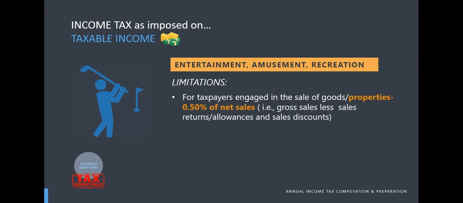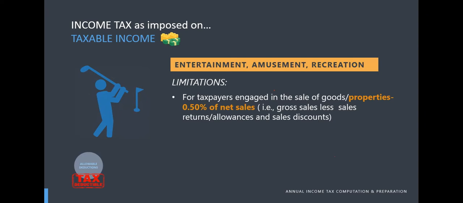So the gross sales is equivalent to 1 million. Let's say it's already net. The net sales is equivalent to 1 million. So 1 million times 0.5% is equivalent to 5,000.